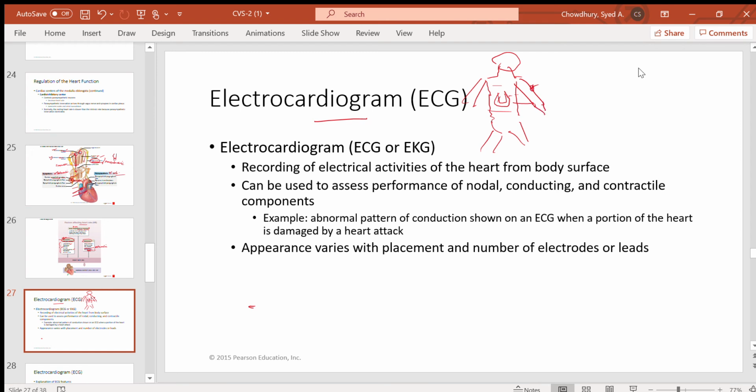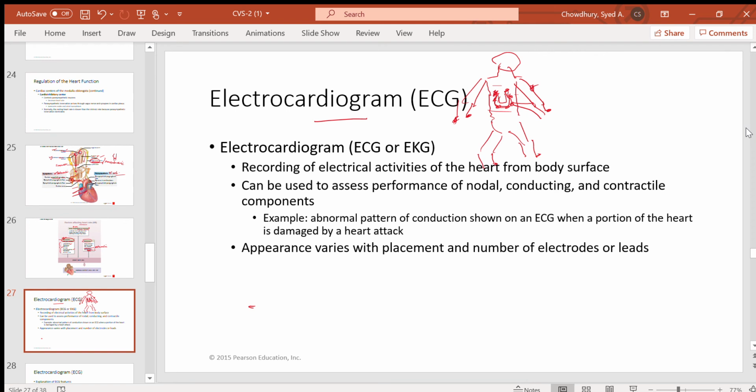anywhere in your body. Usually we put the electrodes around the heart, chest electrodes. Some of you have probably seen, we put several leads or electrodes around the heart to pick up the signal from the surface of the body, the chest. Sometimes we put limb leads or electrodes on the hands, upper limbs and lower limbs, right, and pick the signal.